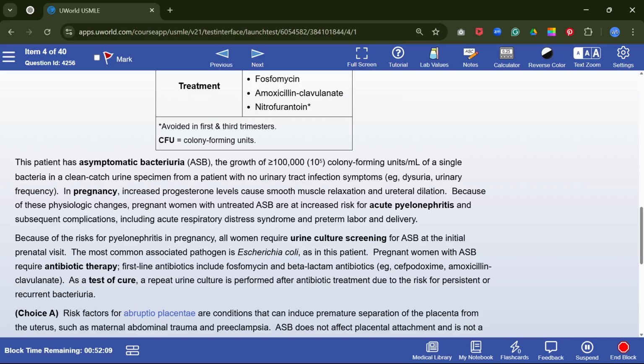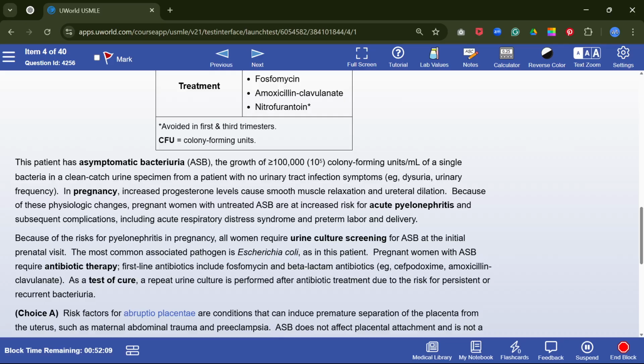Because of the risk for pyelonephritis in pregnancy, all women require urine culture screening for asymptomatic bacteriuria at the initial visit. The most common associated pathogen is E. coli, as in this patient.